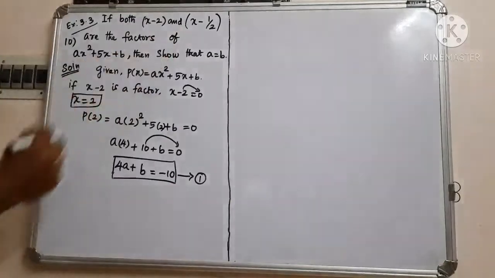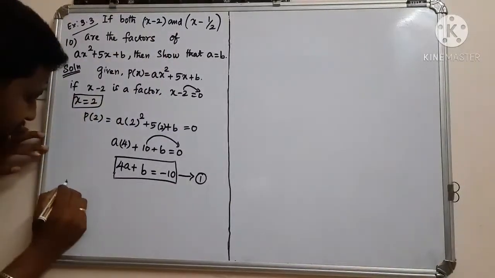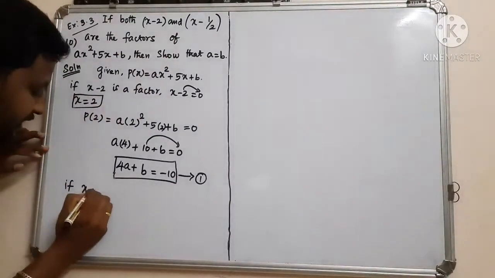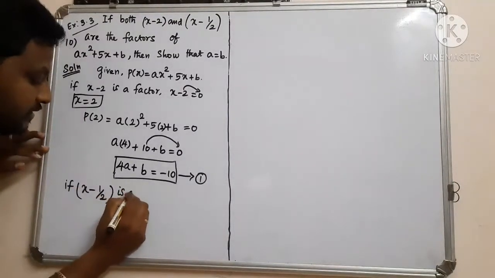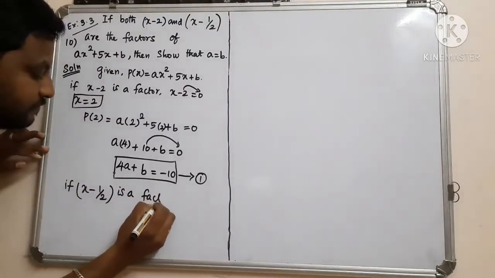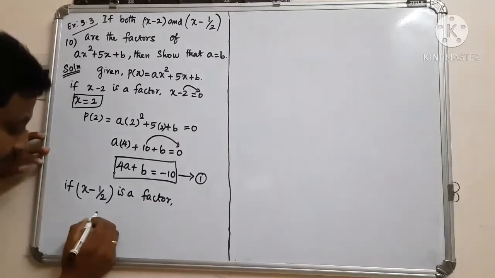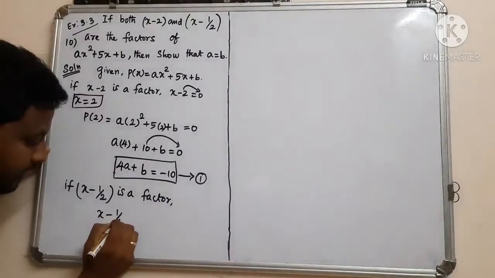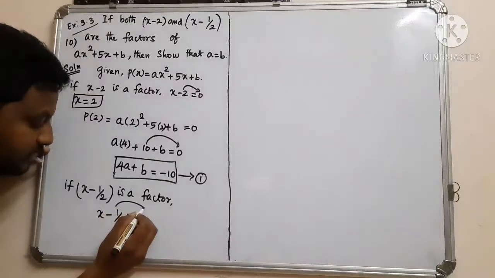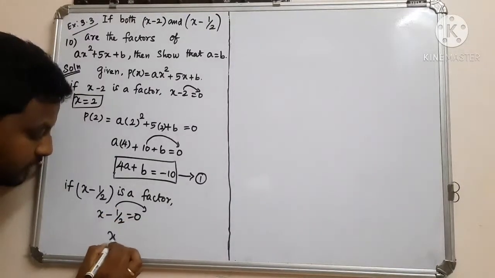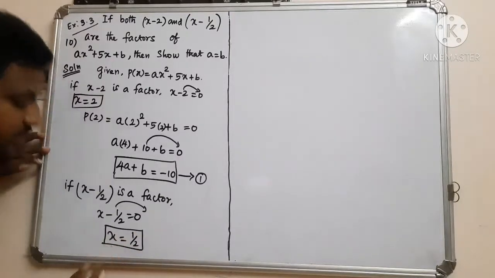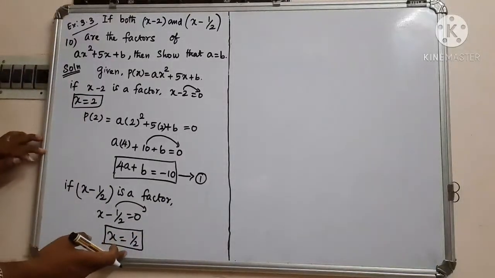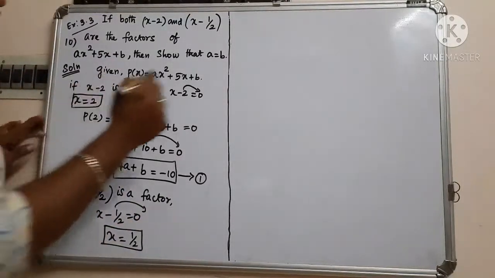So then if x minus 1 by 2 is a factor, then x minus 1 by 2 is equal to 0. Then minus 1 by 2 will change into plus 1 by 2. So x is equal to plus 1 by 2. So now substitute x is equal to plus 1 by 2 in p of x.